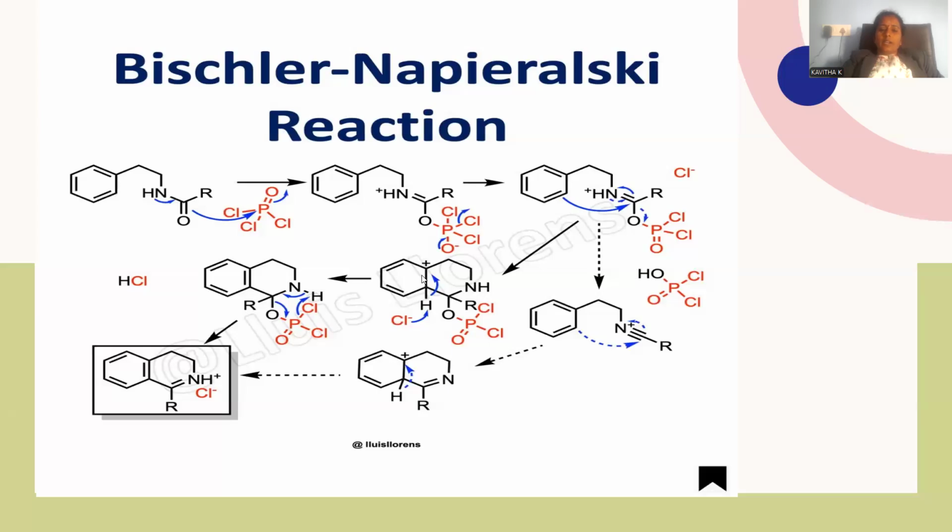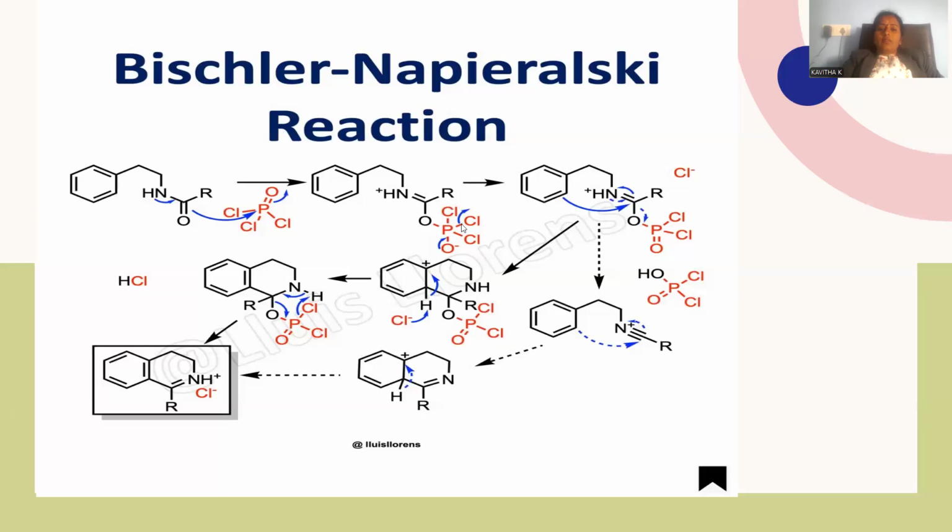Subsequently, this will participate in the immediate ring closure, immediate aromatization reaction by means of the chloride ion liberated during this step. During this step, what happens? The negative charge participates in the pi bond formation, and subsequent removal of the chloride is required in order to satisfy the valency of the phosphorus.